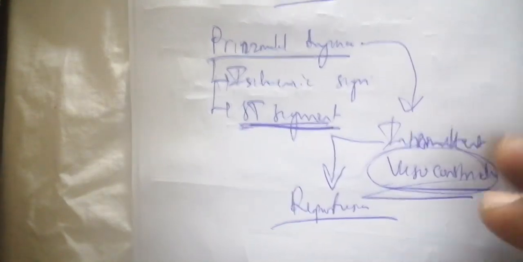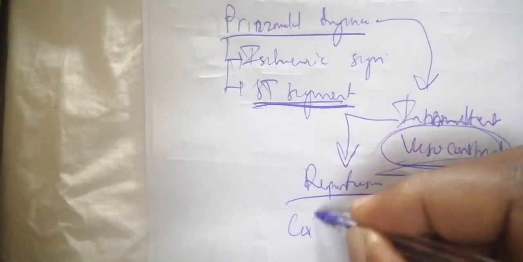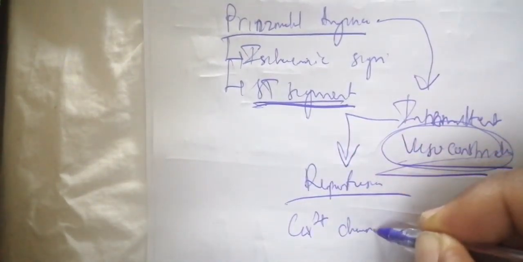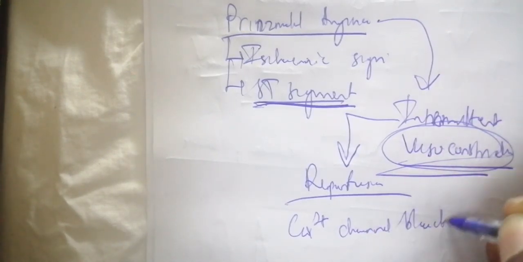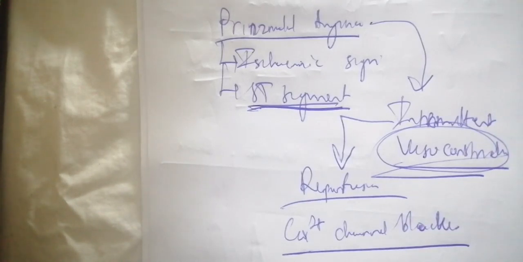Is it clear? And the best way to relax this vasoconstriction is by using calcium ion channel blockers. Is it clear? So you use calcium channel blockers in order to stop this vasoconstriction. Is it clear? So from here, we finish with the first point of the coronary artery disease pathologies.